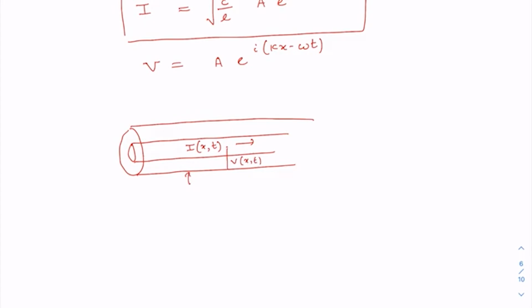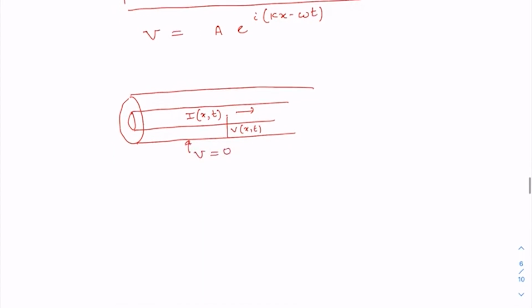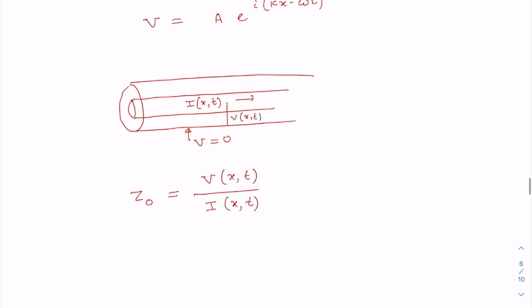And if for the outer cylinder we consider that its potential is V equal to 0, then the characteristic impedance is given by the ratio of the voltage at a point divided by the corresponding current at that point, at an instant of time t.